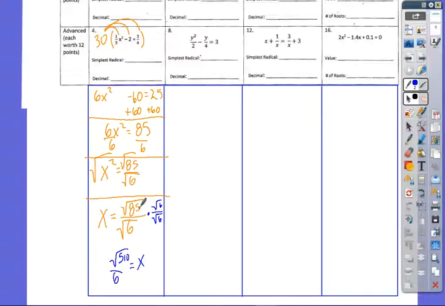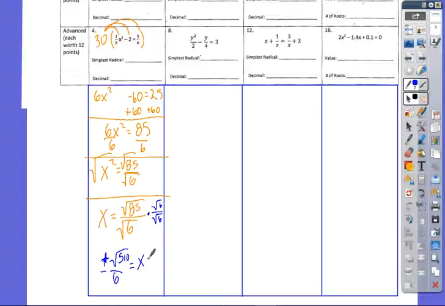Yes, because I could have the negative square root of a number, and a negative times a negative is a positive. Therefore, we will have plus or minus the square root of 510 over 6. And that is the answer, as luck would have it. Thank goodness. But wait, this is our simplest radical form answer.